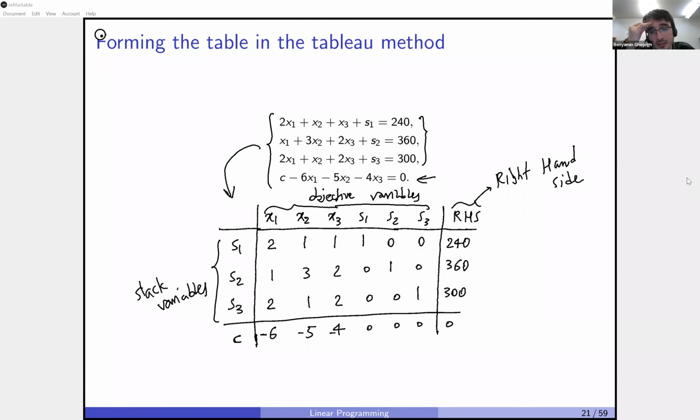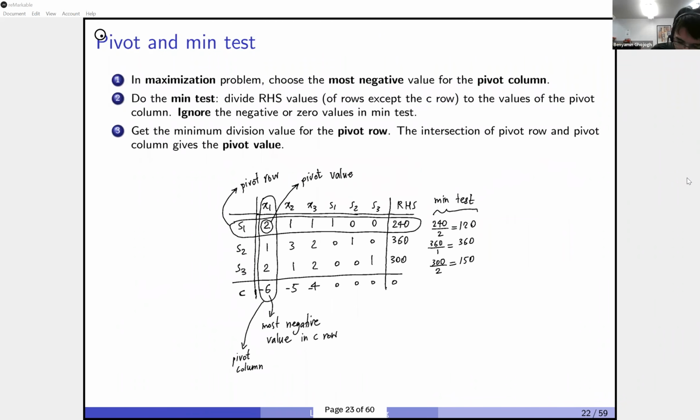Now, in a maximization problem, choose the most negative value in the row of cost.